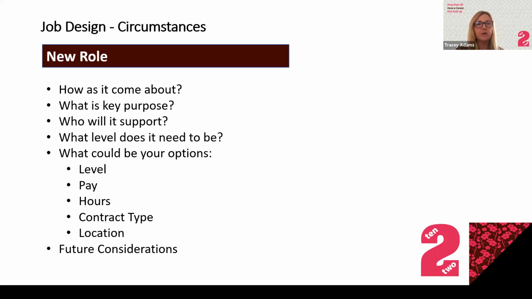And then location. So location is really one of the biggest things that we are faced with at the moment in the candidate market. Since the pandemic, hybrid working, it is still very much relevant. Yes, businesses are starting to ask people to go back to the office, but in the main, most candidates want a level of hybrid working.